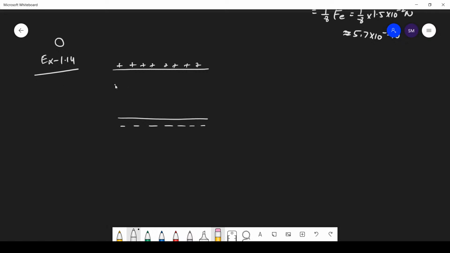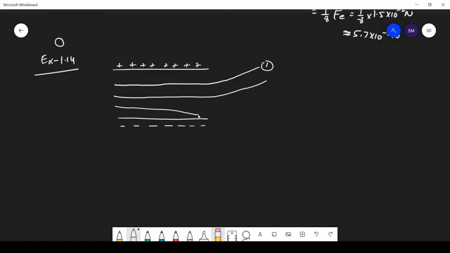The first charge comes here and goes this way. The second comes again and goes this way, whereas the third one is deflected this way.